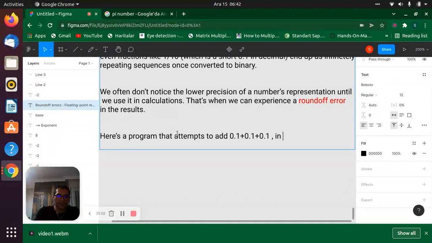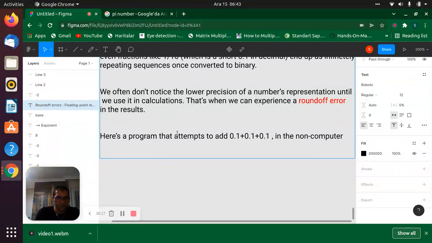So in the non-computer world, we know that's 0.3.